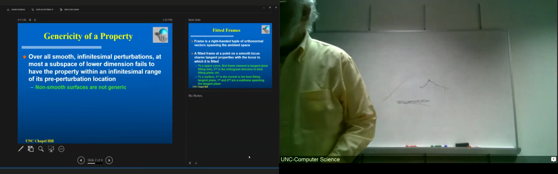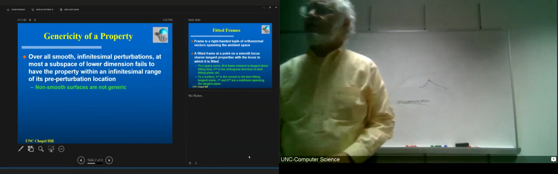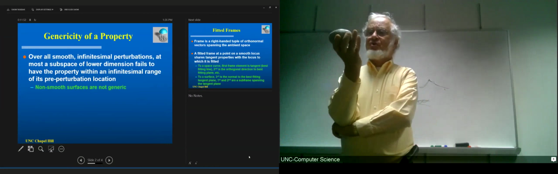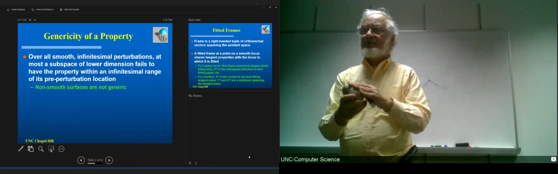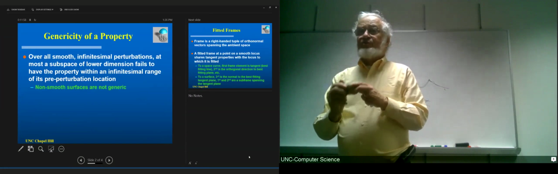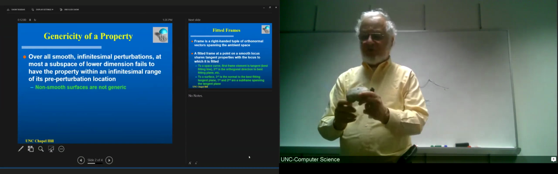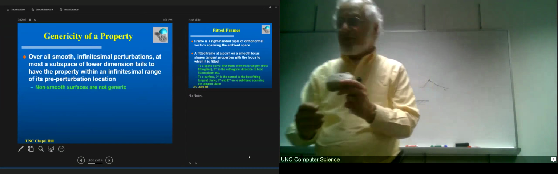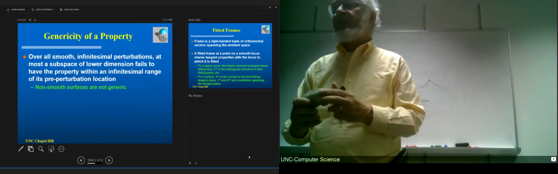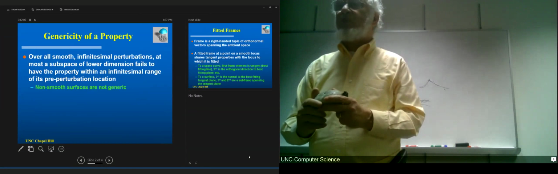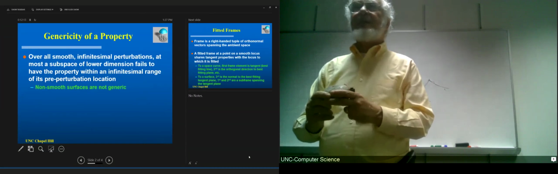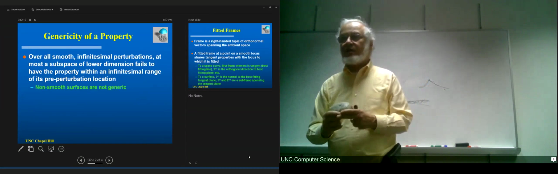Say, for example, you can show that for every convex object, in fact, for every closed surface, whether it's convex or not, there exist points on it that are locally spherical, that have the same curvature in every direction, like a sphere does. That kind of point is called an umbilic.